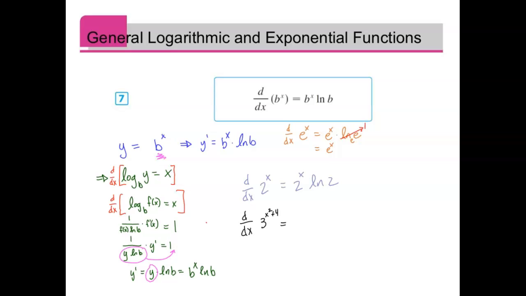So we would end with 3 to the x squared plus 4 natural log 3 times, then we would multiply by the derivative of the inside function, which is the exponent itself. So I would have times 2x. All right, any questions about that one?